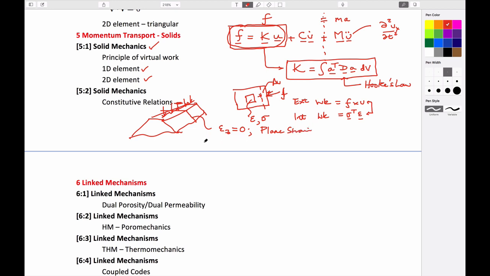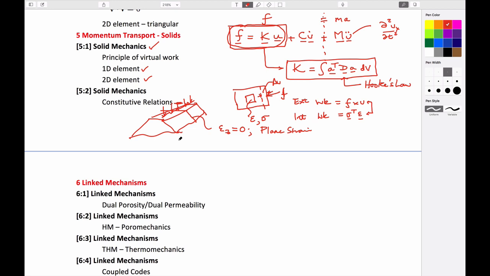And the converse is that if you take a very thin sample, which only has maybe an inch in this direction, and load it, then clearly there's no restriction on it straining laterally. What is happening is that there's no stress applied in the orthogonal direction.